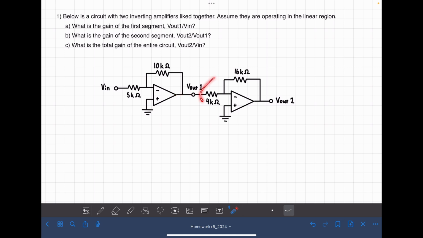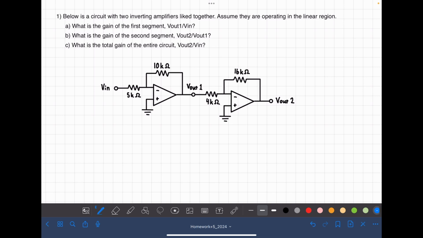So no matter what's going on over here, the output of our op amp will stay the same. Within reason, at least. Okay, so we're going to look at this node right here, because the first thing we're going to try and find is our V out 1 over Vn.